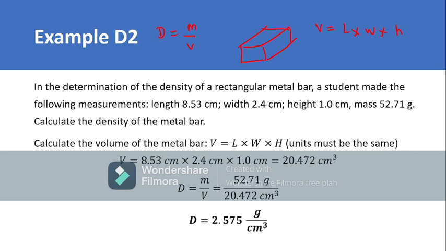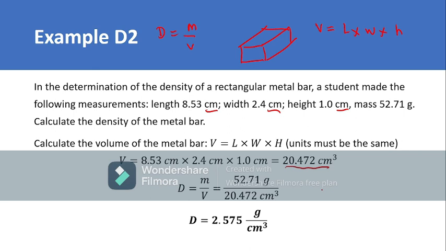So we need to check the units. So centimeter naman to, ito din centimeter, this is also centimeter. So we can now actually solve for the volume. So 8.53 centimeter times 2.4 centimeter times 1 centimeter. So centimeter times centimeter times centimeter, cubic centimeter. Okay? So we will have 20.472 cubic centimeter. So this is the volume.